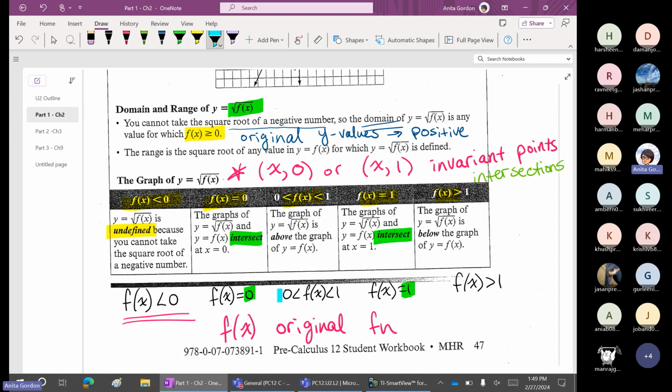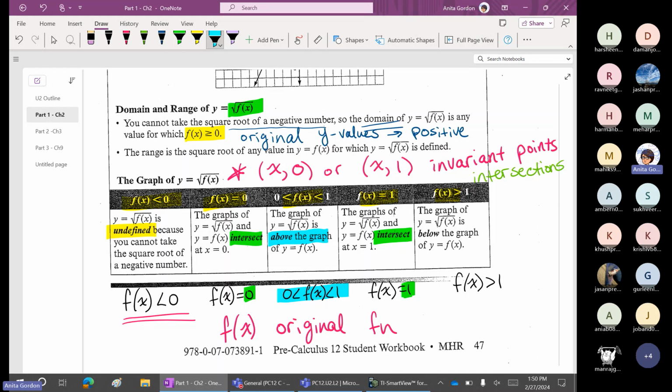Now, between those intersections, we have some funny business going on. If the y values are between 0 and 1, so we have a fraction, like 1/2, 3/4, 5/8, then the square root function is going to be above the original. The y values are going to be bigger in the square root function than they were in the original function.